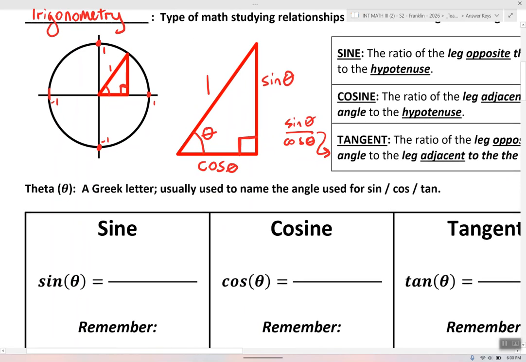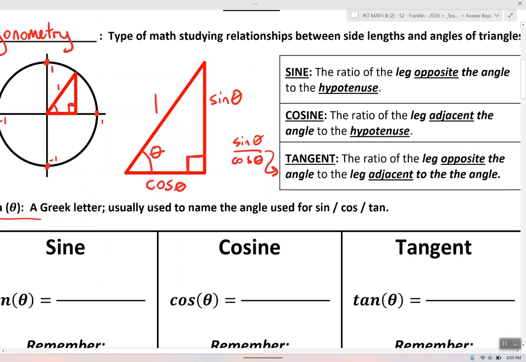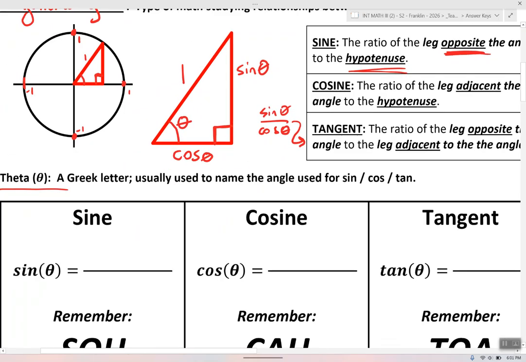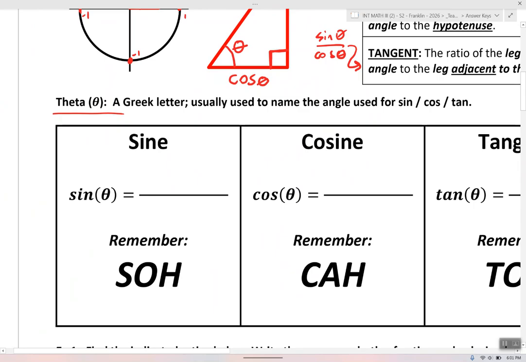And like I said, theta is a Greek letter usually used to name this angle, this inside angle. So when we talk about right triangles, we usually say sine or cosine or tangent of theta. So again, sine is the ratio of the leg opposite of theta, the angle, to the hypotenuse. And so sine would be opposite over hypotenuse.